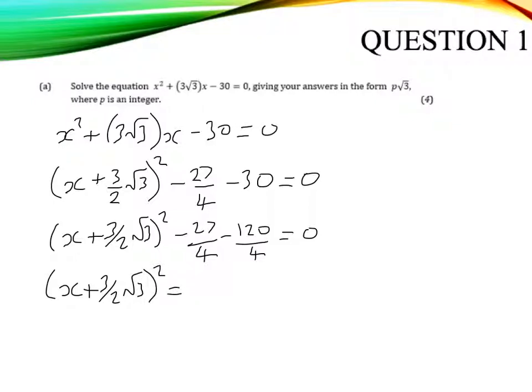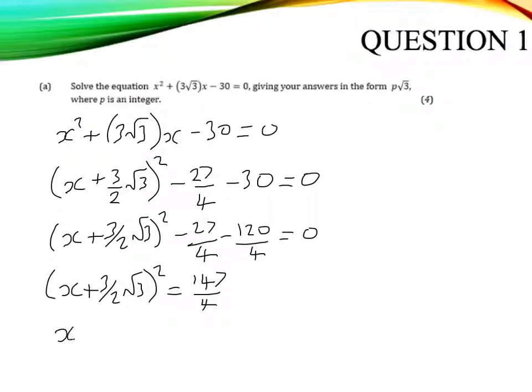If I collect these two terms together, I've got minus 27 over 4 minus another 120 over 4, so minus 147 over 4. Add that to both sides, so I'm just bringing it over to the other side now, and I've got 147 over 4. Okay, next step, I'm going to square root both sides.